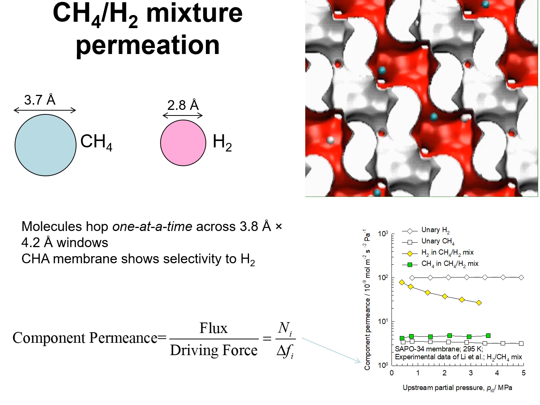Methane has a higher adsorption strength than hydrogen, but hydrogen has a far greater mobility. And the mixture permeation characteristic is described by a combination of diffusion and adsorption.